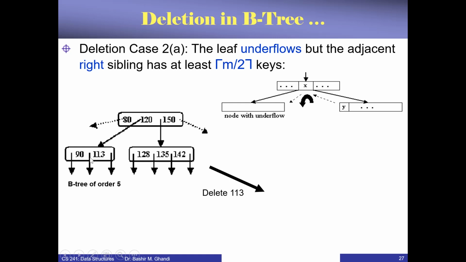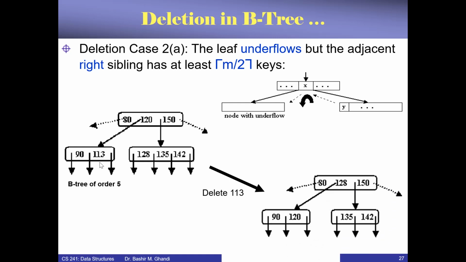So it will have 3 keys, including the one that we are deleting, so that after the deletion, it will still have the minimum number of keys, which is 2. So basically this is what you will end up with. That node will now have 90 plus the 120, which was the original parent. But the original parent has now been replaced with 128. So this is the idea.